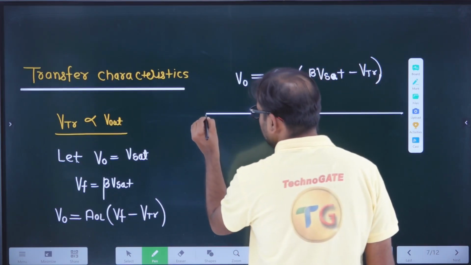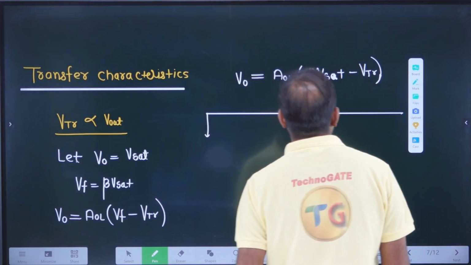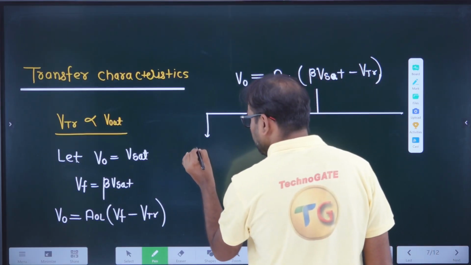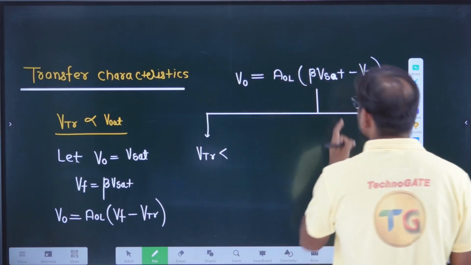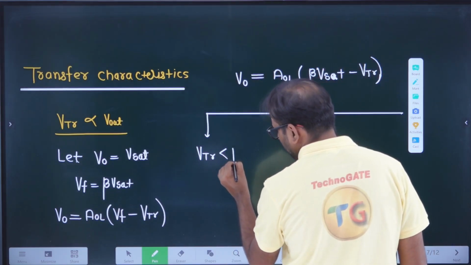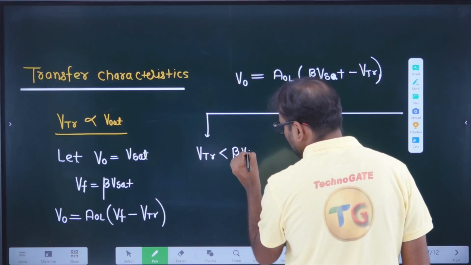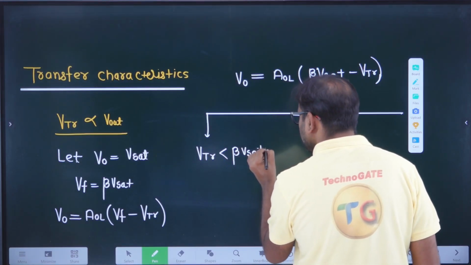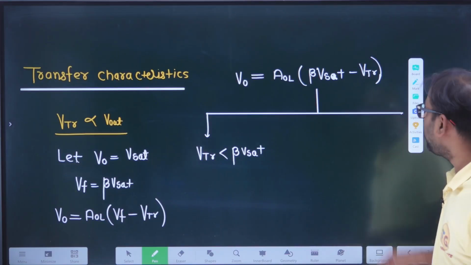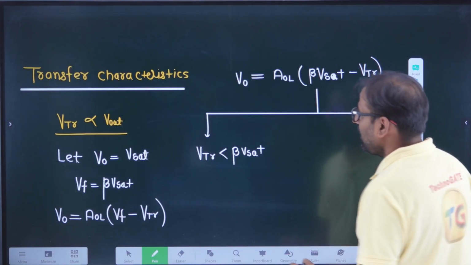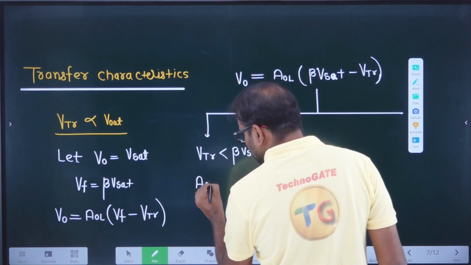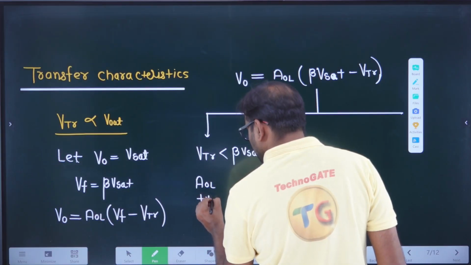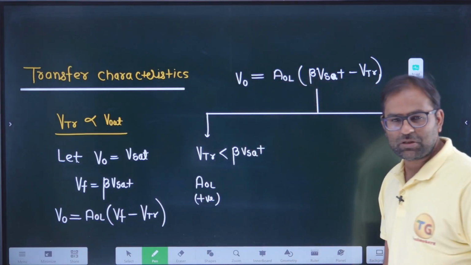First part is saying that whenever VTR, the threshold or trigger voltage, is less than beta into V saturation, AOL is always positive, always infinite, so this is a positive number.